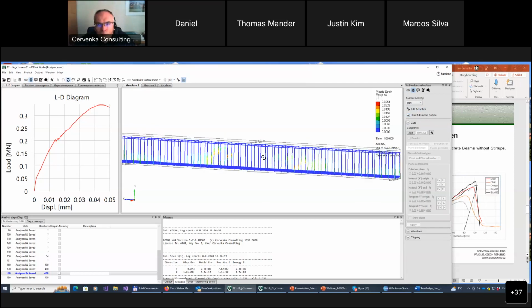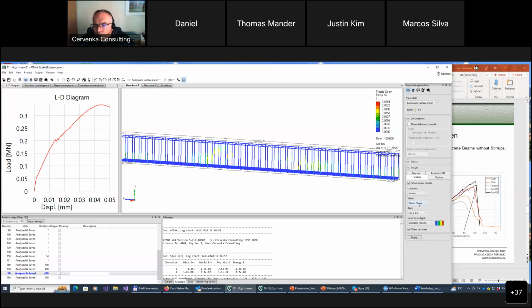And yeah, I told you, to understand what is happening with the reinforcement, we could look at the stresses, of course, but sometimes the stresses, especially, for instance, when the reinforcement fully ruptures, don't tell us that much. Here we see, of course, that all this reinforcement is highly stressed.